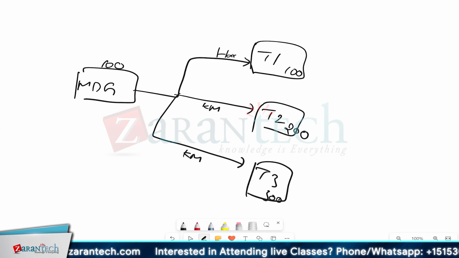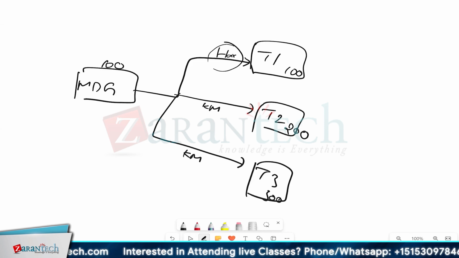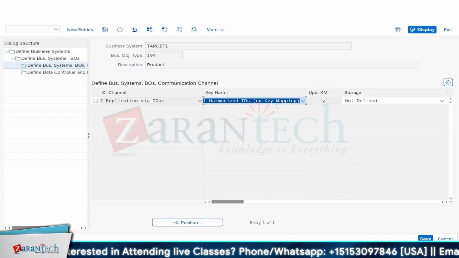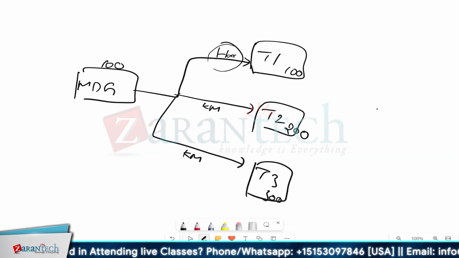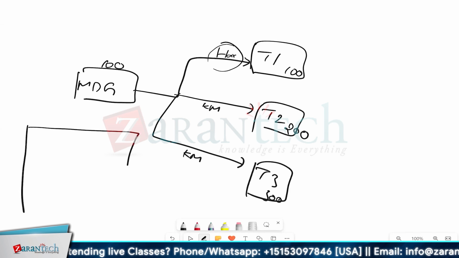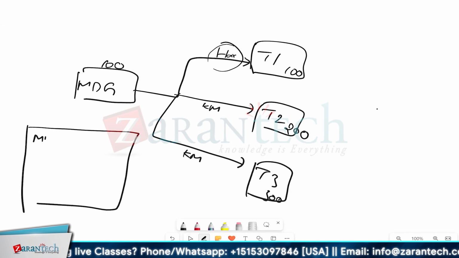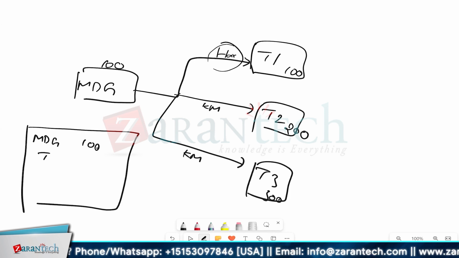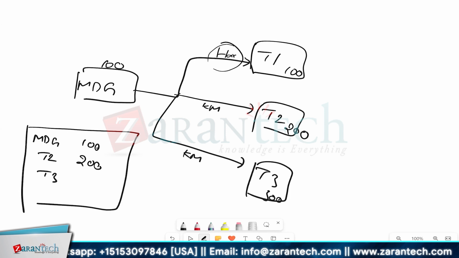Now, in your key mapping table, the entries will be like this: MDG, the key is 100; T2 target system, key is 200; T3 target system, key is 300. This is fine, we know this one, because of the key mapping.